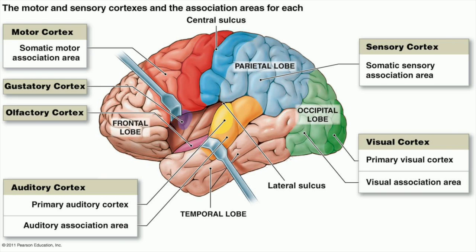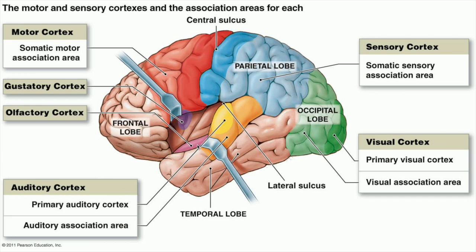Some other areas we need to know. The somatic motor association area back here coordinates and plans movements. So first we plan the movements here, then the information is passed here. We'll talk about that later. The gustatory cortex receives information from taste receptors.